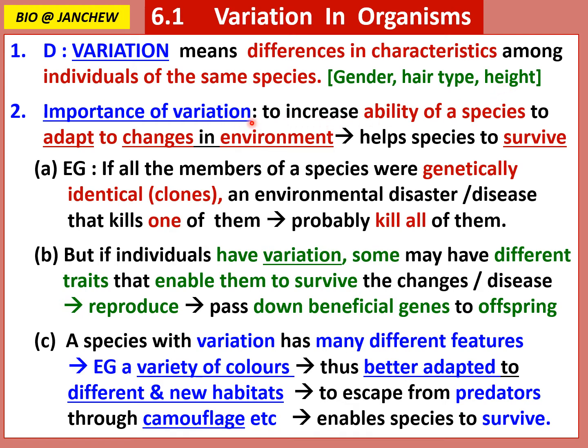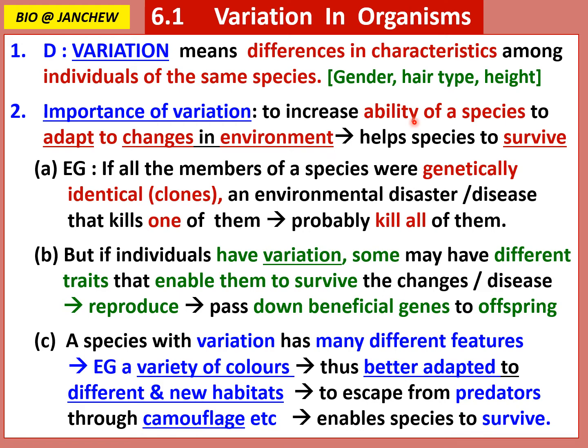Now, the importance of variation is to increase the ability of a species to adapt to changes in the environment, and this will help the species to survive. So the environment is not going to remain the same forever, and from time to time, the environment will change. There'll be changes. Or a disease may arise, a new disease, for example, COVID-19. So it is up to the species to adapt itself and adjust to the changes in the environment.